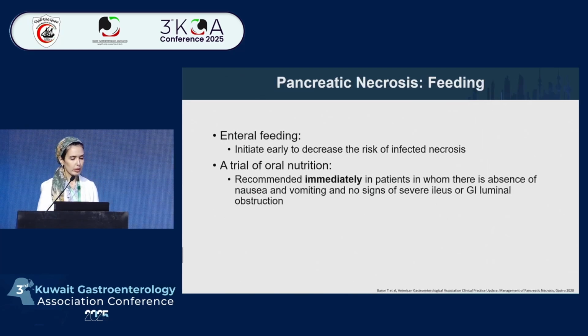Feeding, of course, is always a very important area to address with any pancreatic disease patients, especially pancreatic necrosis. Currently, we recommend to initiate early enteral feeding to decrease the risk of infected necrosis. A trial of oral nutrition should be recommended immediately once the patient doesn't have any symptoms that preclude them from eating orally.